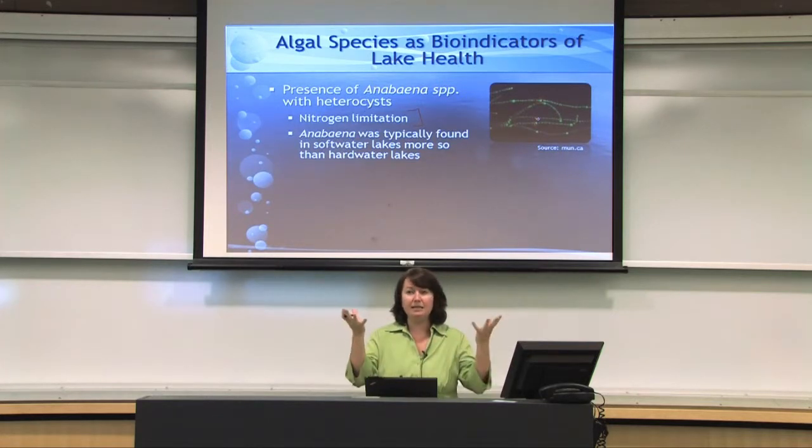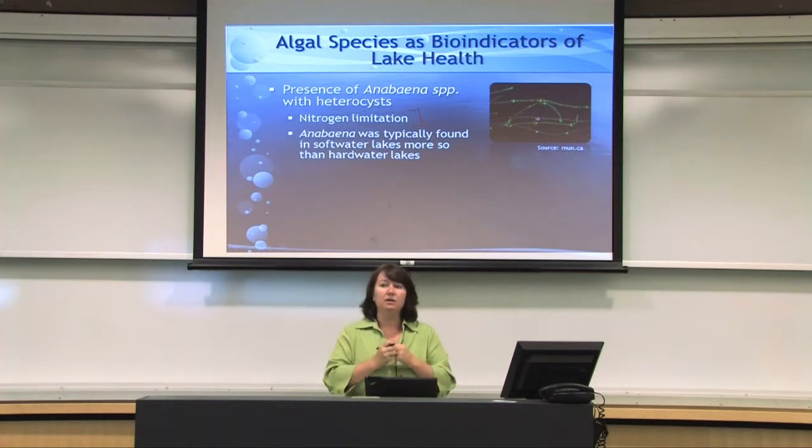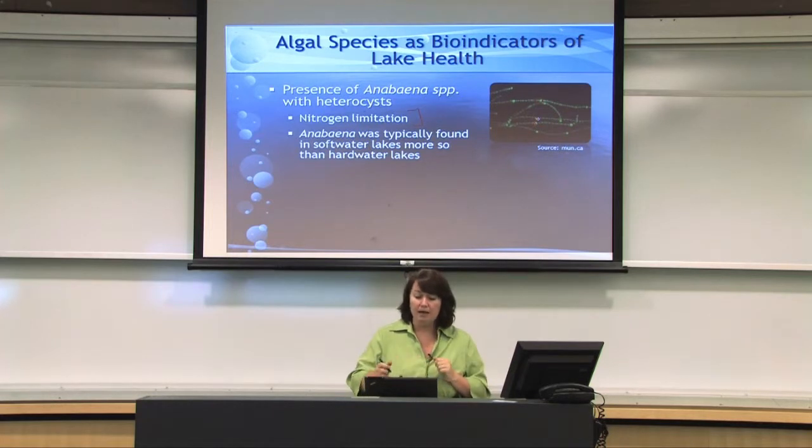They can take gaseous nitrogen from the atmosphere and convert it into nitrate for growth. And so when Anabaena is found, that gives us a red flag that there's nitrogen limitation here.